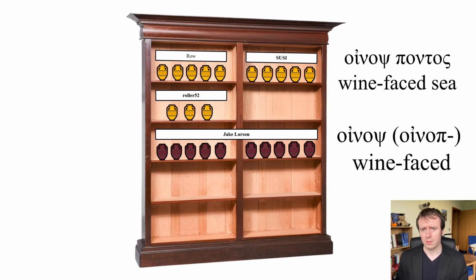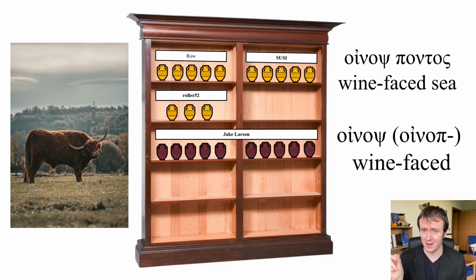However, it's not certain that it did mean dark. It's not certain that it even referred to the colour of something. And as a fun fact, Homer also uses the adjective oinops to describe oxen. Okay, so oxen are apparently also wine-faced, or wine dark if we want to go with the traditional translation.